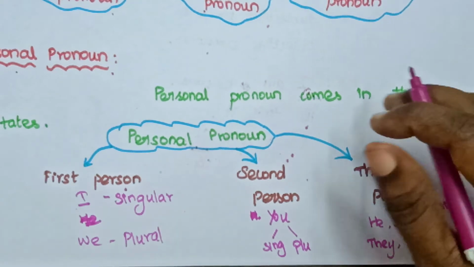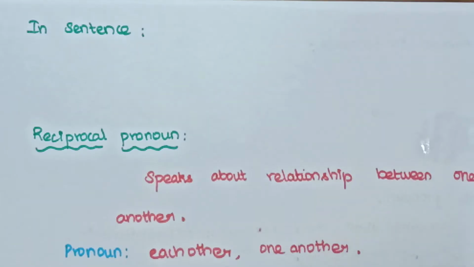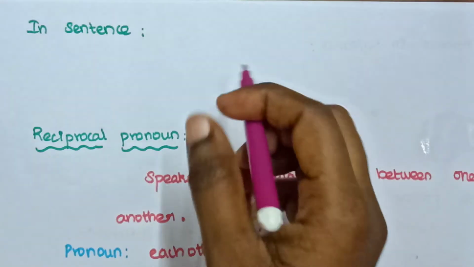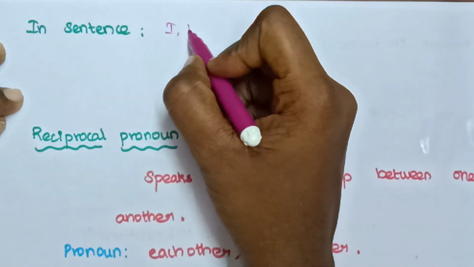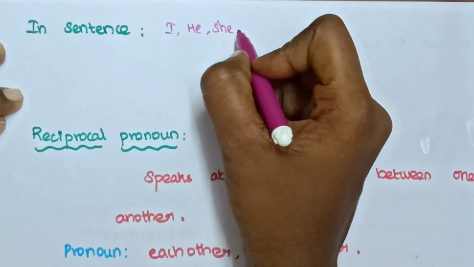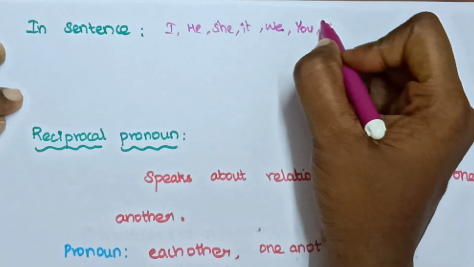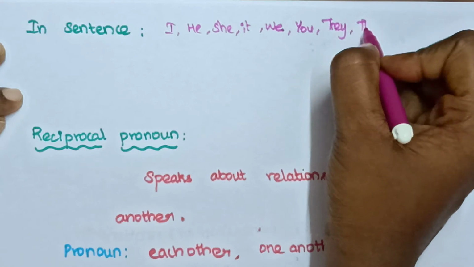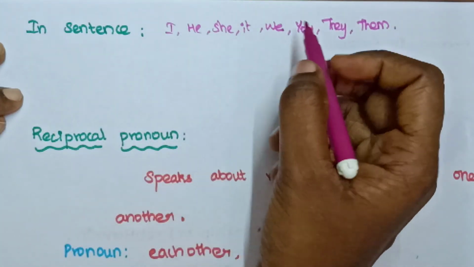Fine, we'll see some sentences to describe these pronouns. What are the pronouns we have seen? I, he, she, it, we, you, they, them. Now we'll see a few sentences describing these pronouns.